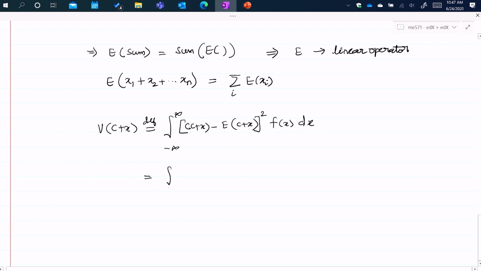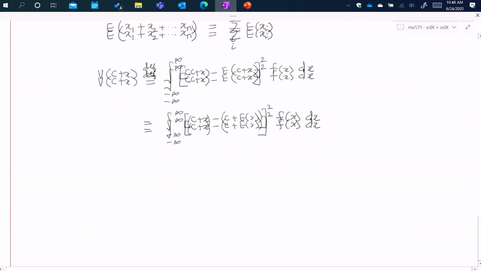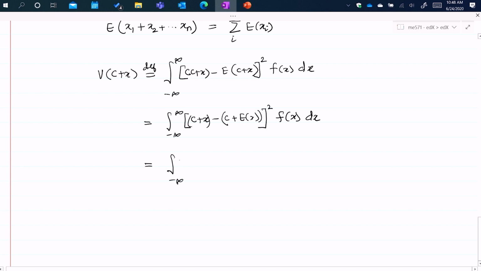And this is the integral from minus infinity to plus infinity of (c plus x minus expected value of c plus x, which we know to be c plus expected value of x) whole squared f of x dx, and this is equal to the integral from minus infinity to plus infinity of (x minus expected value of x, which we can write as x bar) whole squared f of x dx, and that is nothing but variance of x.